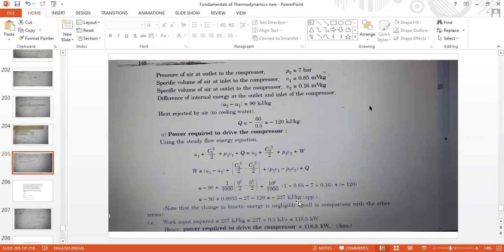Therefore, this work is to be multiplied by the mass flow rate, 0.5 kg per second. So kilojoule per kg multiplied by kg per second is kilojoule per second or kilowatt. So in that way, the power consumption is worked out to be 118.5 kilowatt. However, you do the problem on your own with calculators.